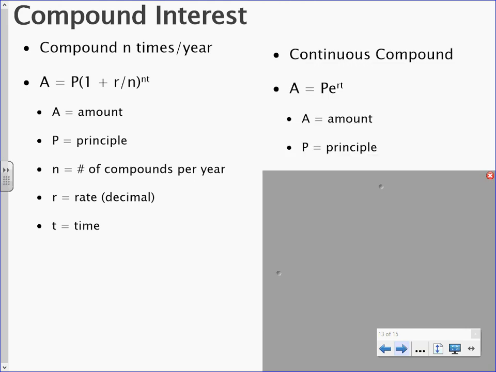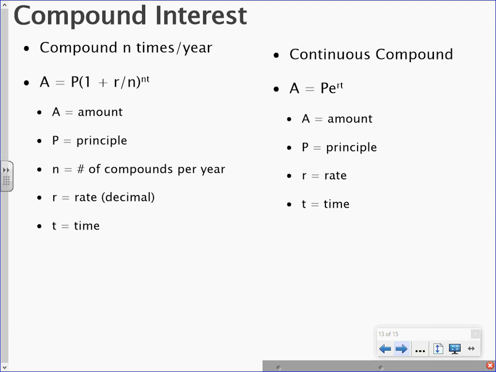Compound interest. I'm just going to give you both of them at once. So PERT, you recognize. And PERT is helpful in science class too.